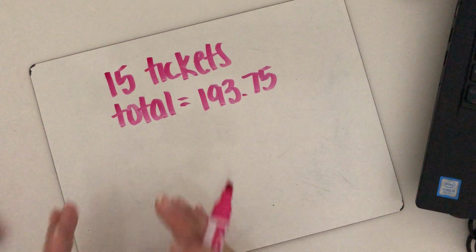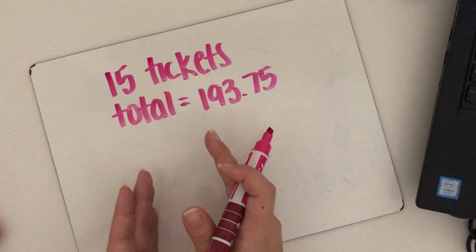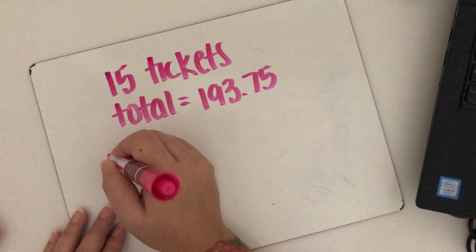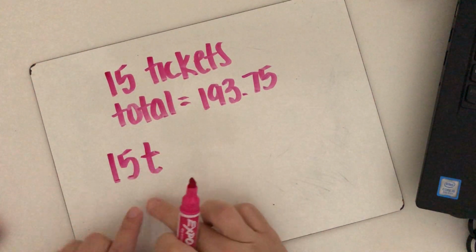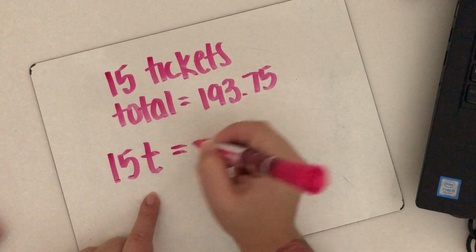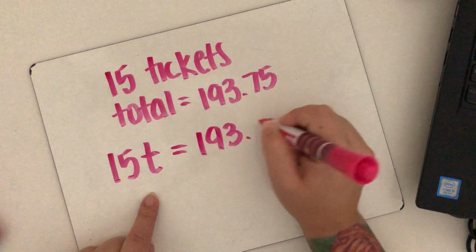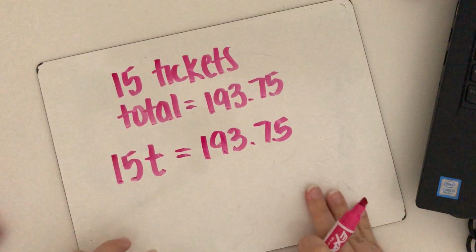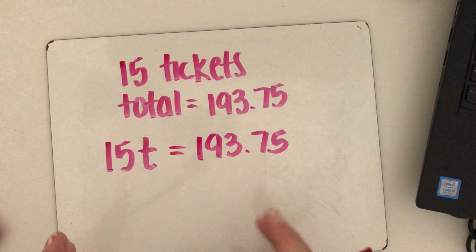So I know that there were 15 tickets, but I don't know how much each ticket cost. So I know there were 15 total tickets times whatever value they cost, and that was going to equal $193.75. So I've now set up the equation just by looking at my word problem.